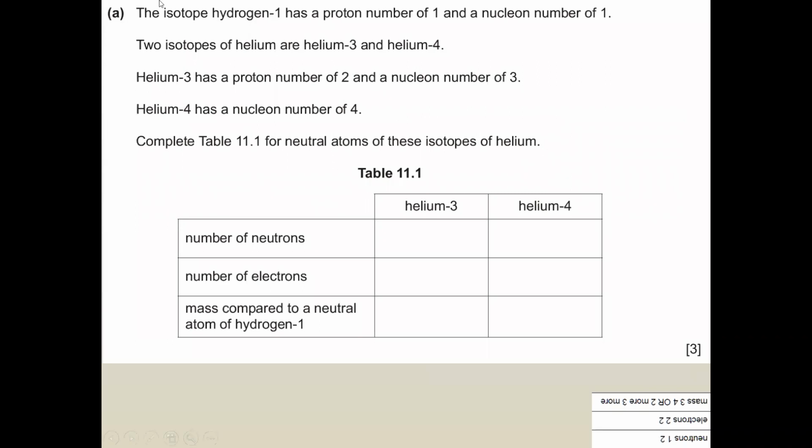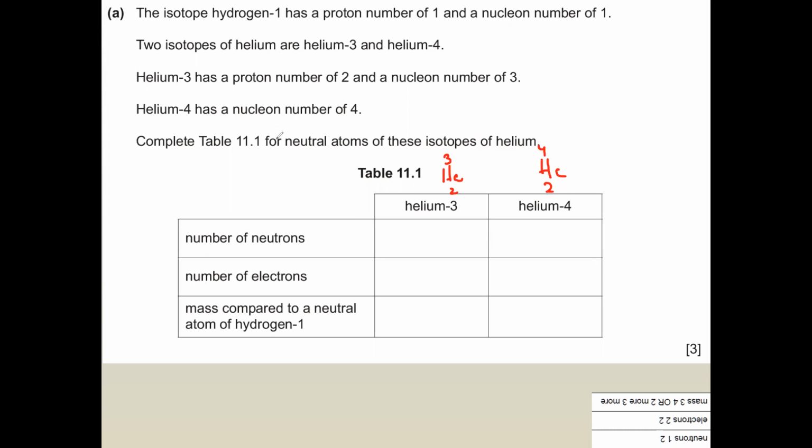Then another question: the isotope of hydrogen 1 has proton number 1 and nucleon number 1. For the two isotopes of helium, 3 and 4, helium 3 has proton number 2 and nucleon number 3, and helium 4 has the same proton number, because to be isotopes they should have the same atomic number but different atomic mass.